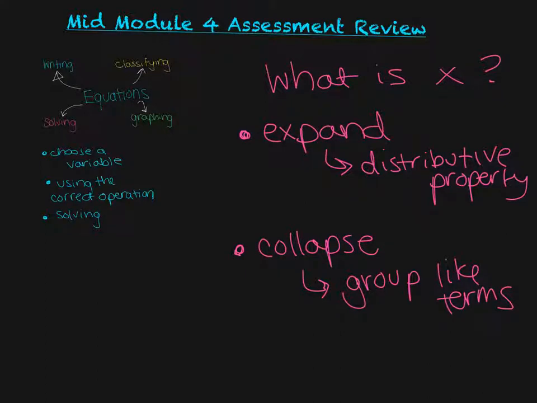Once you have either done your distributive property or collapsed it in group like terms, or even both, you then undo, so use inverse operations to solve for x.